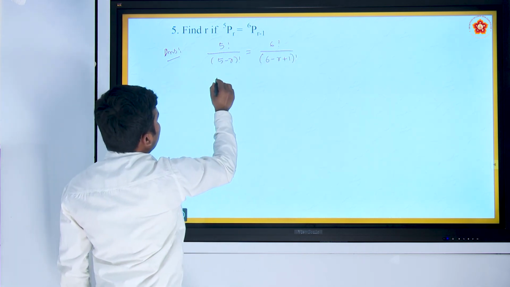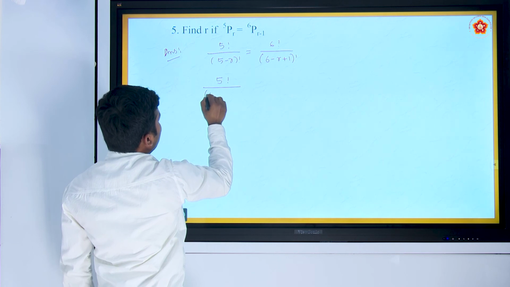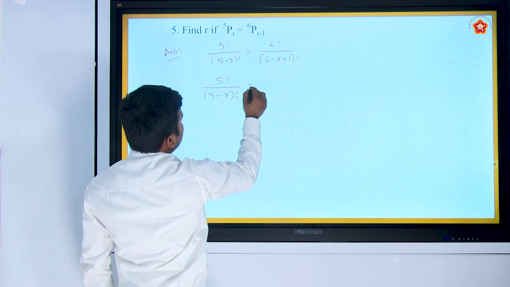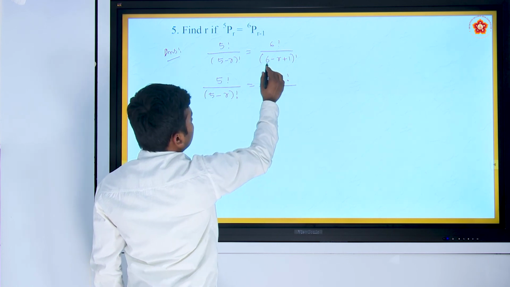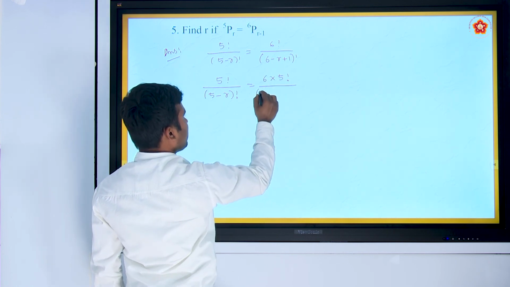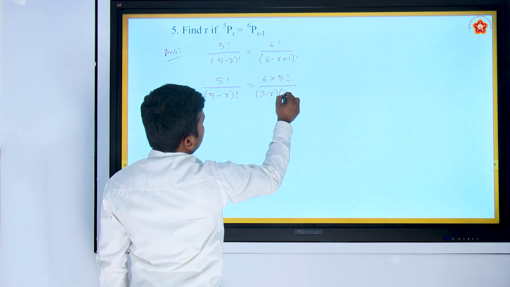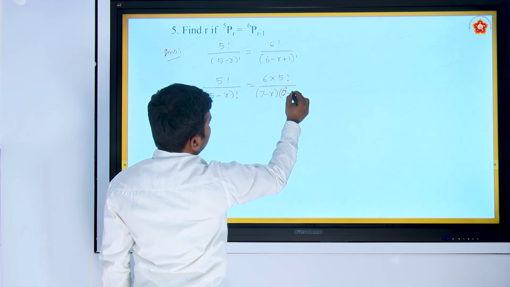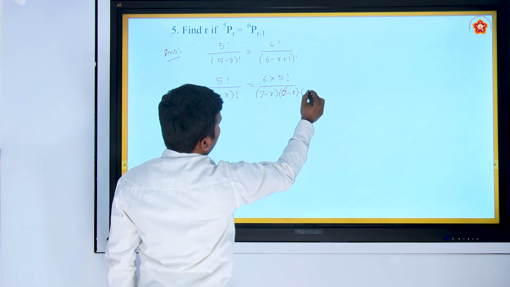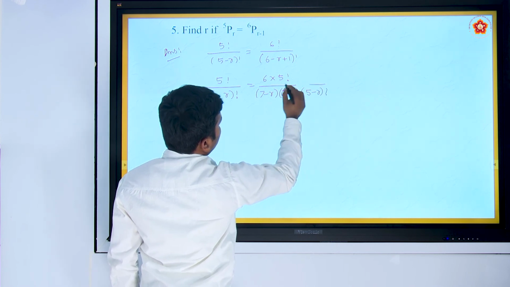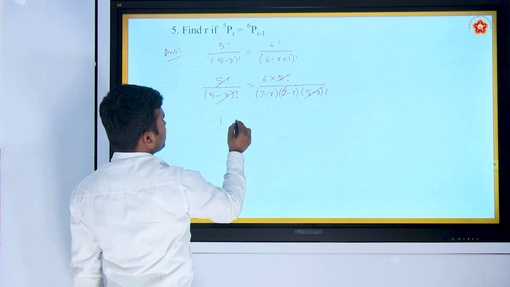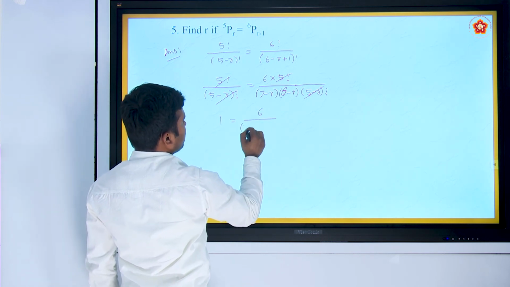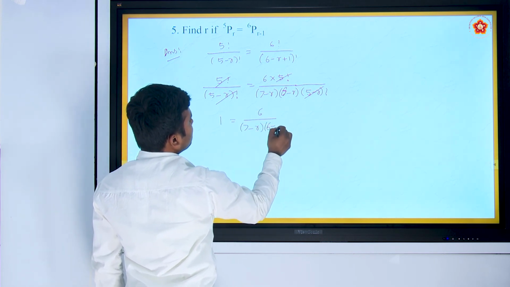So this 5 factorial divided by 5 minus r factorial is equal to 6 into 5 factorial divided by 7 minus r factorial, which can be written as 7 minus r, 6 minus r into 5 minus r factorial. So this and this will get cancelled. So 1 is equal to 6 divided by 7 minus r into 6 minus r.